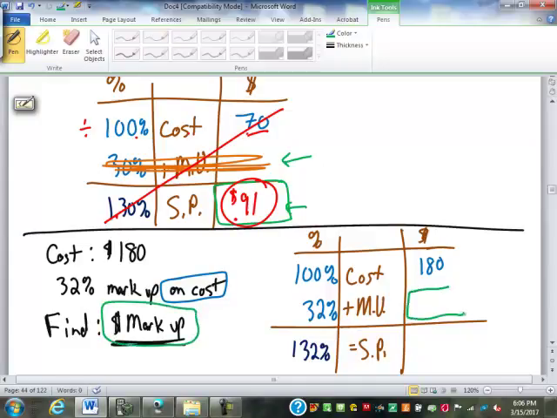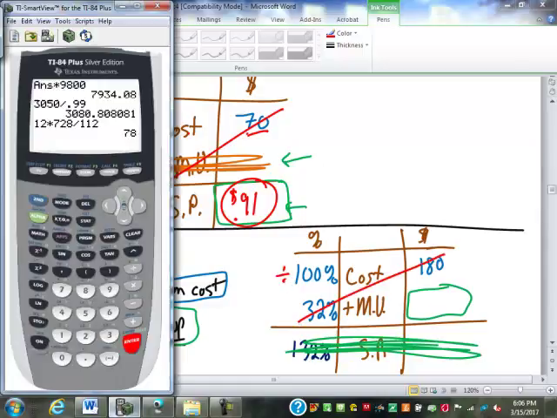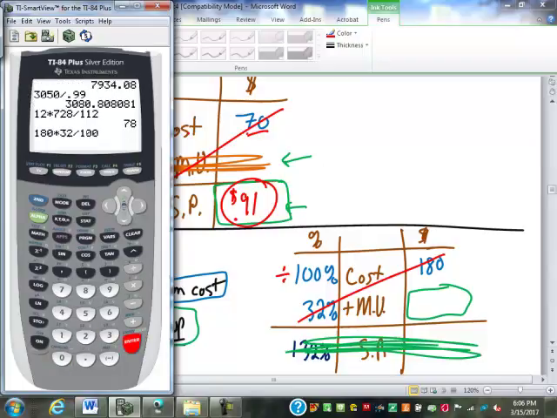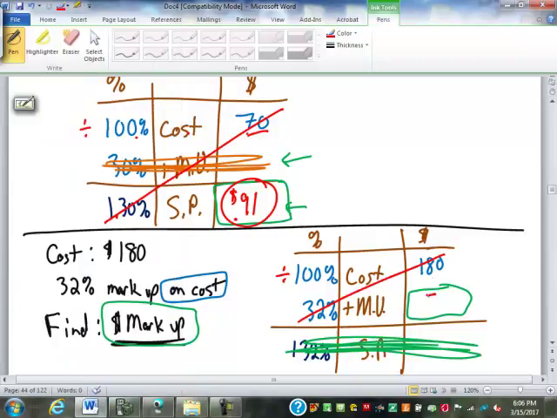So we're looking for this number. So here I don't need the bottom line. So I'm going to cross multiply. 32 times 180 divided by 100. So $57.60 is the dollar amount of the markup.